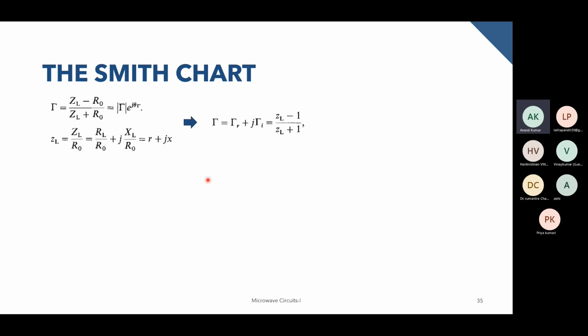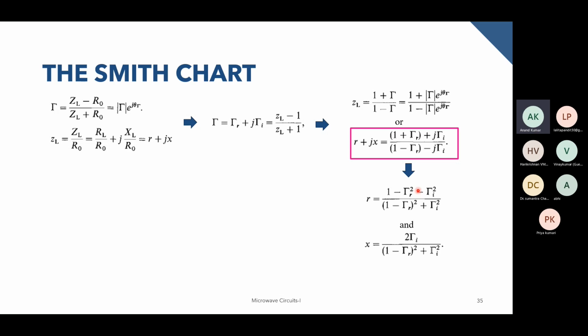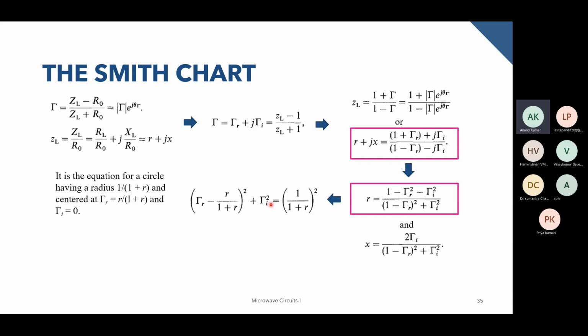So what we have done till now is we started with these two expressions, found the reflection coefficient, wrote down the impedance, and tried to separate the real and imaginary parts. Now we are looking at this real part, trying to plot the locus of r, and as it turns out, this can be plotted in terms of circles.